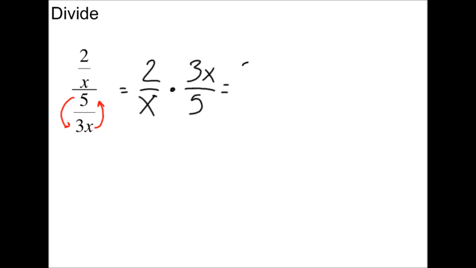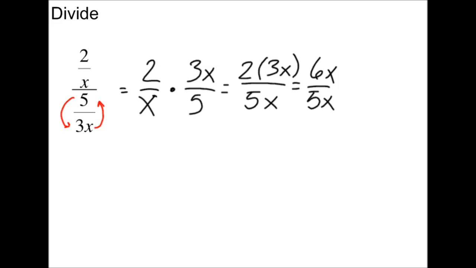So on top, I have a 2 times 3x, and on bottom, I have a 5x. This is 6x over 5x, and our x's reduce, leaving us with 6/5.